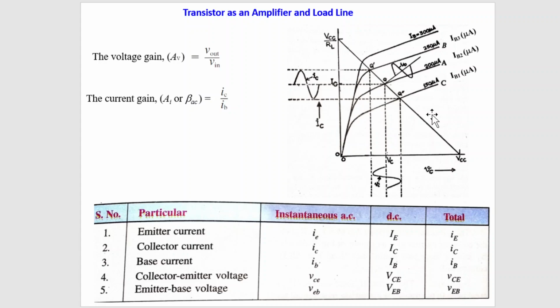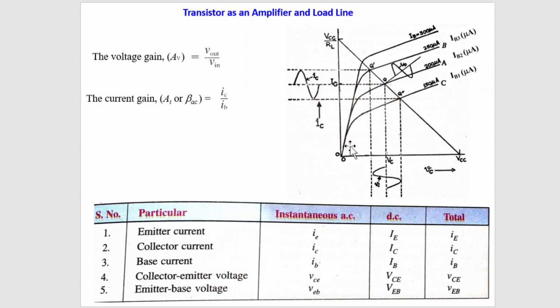When you draw the DC load line and find the Q point, the Q point should be chosen in such a way that the output you are getting, this is the output collector current, small i capital C, and this is the output voltage, small v capital CE.